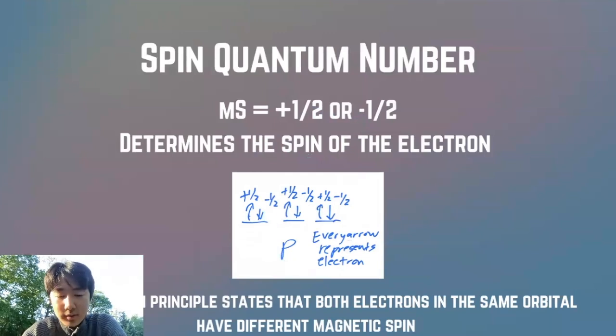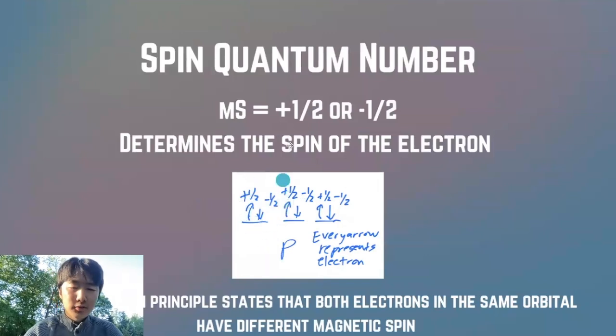What the Pauli exclusion principle states is that two electrons in the same orbital have different magnetic spins. If you have two electrons occupying the same orbital, which, if you recall, is the maximum amount of electrons you can have in an orbital, they both have to have different magnetic spins. So one electron has a positive magnetic spin, and one has a negative magnetic spin.